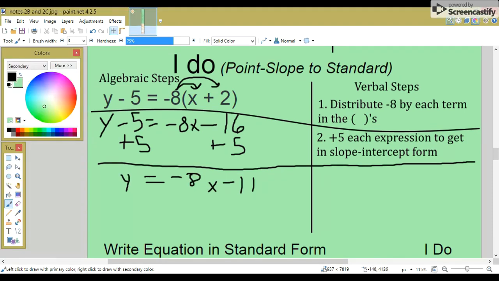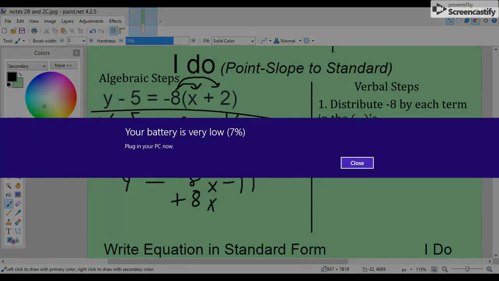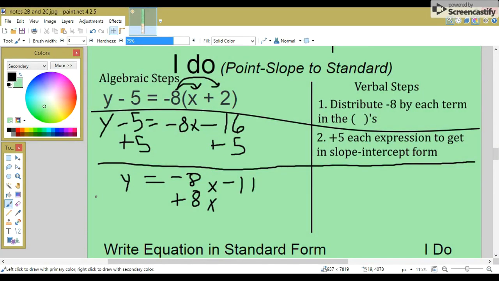So the next step, we want to add 8x to each expression. So plus 8x plus 8x. Notice we line up the x with the space because there's no x term on this side. So we have 8x plus 1y equals -11.